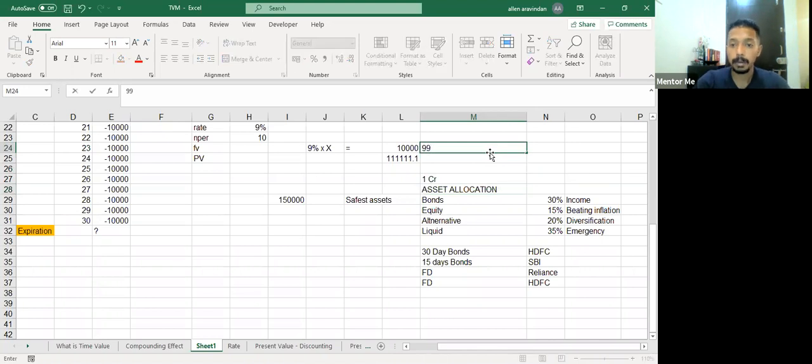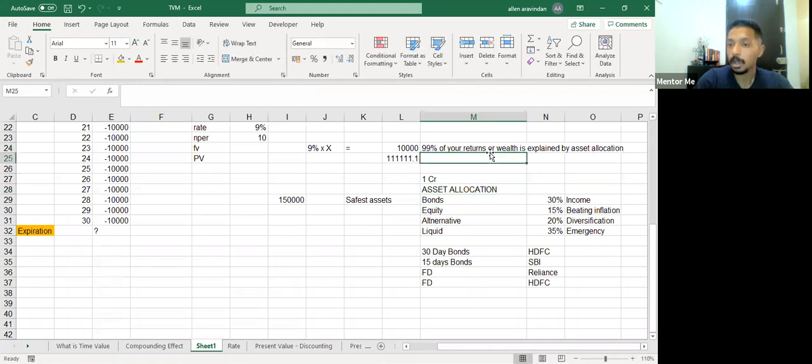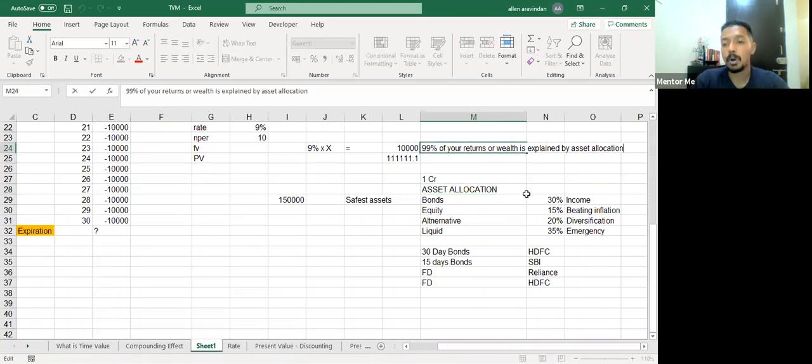99%, mind you, this is a statistical statement, 99% of your returns or wealth is explained by asset allocation, not by picking stocks or finding newer opportunities.